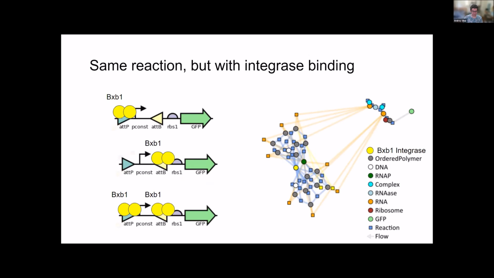Like in this case, you have only the P site bound or only the B site bound, and only when you have the two of them bound can the integrase actually recombine to flip the promoter. And that's why you only still see these two yellow reaction pathways that are the integrase reactions, even though there are all these new binding states that are now possible now that I said that binding is possible.